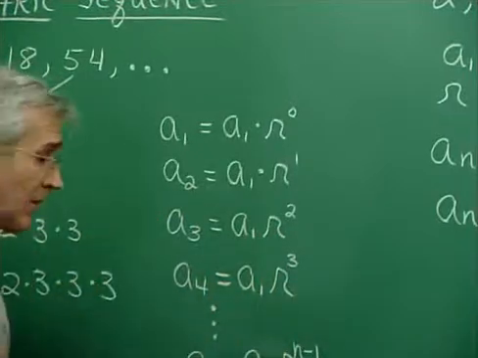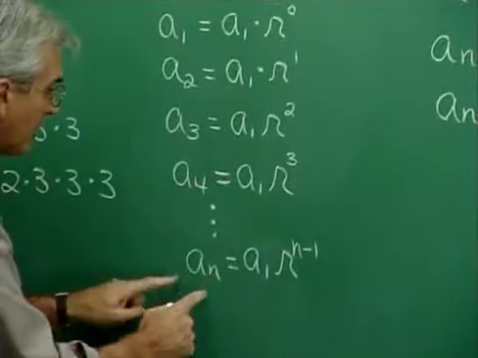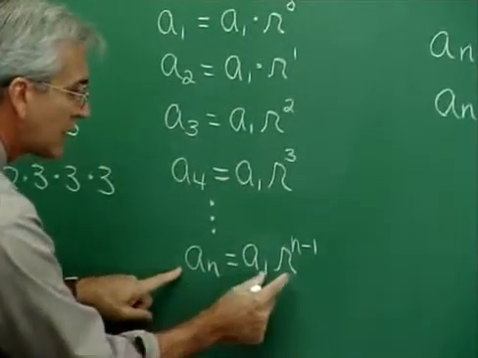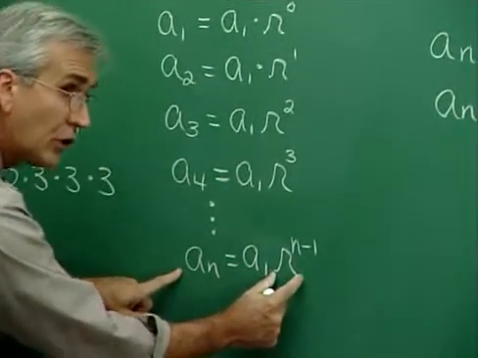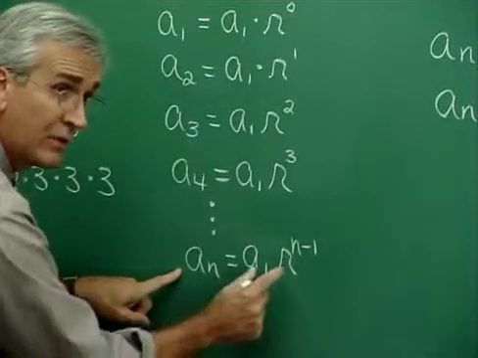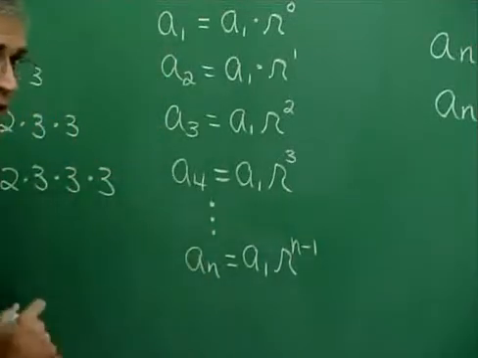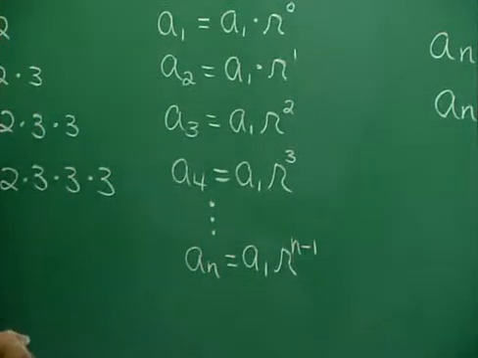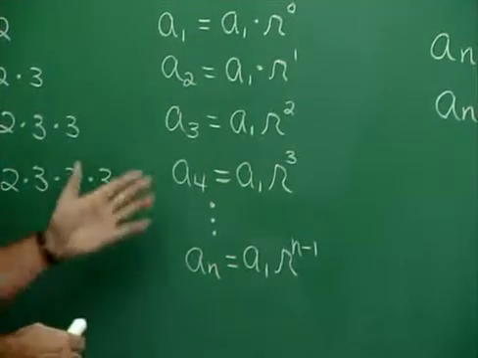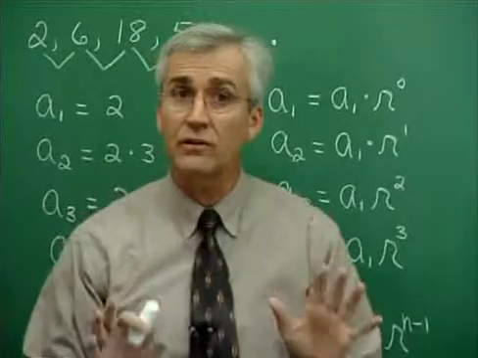And so to generate the nth term, you see the expression for the nth term, it would be the first term times the common ratio used as a factor n minus 1 times. You see, we had the n minus 1 involved in the arithmetic sequences before, and now we see it again on our geometric sequences.